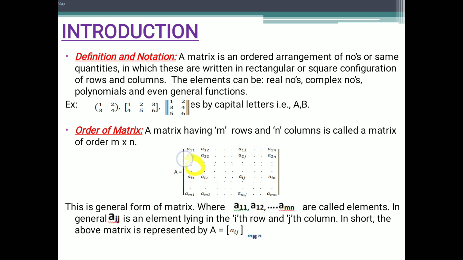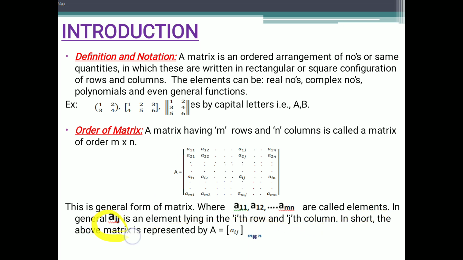Likewise, A21 denotes the element of the second row and first column, and A22 denotes the second row and second column element. So the general form of a matrix is given above, where A11, A12, up to Amn are all elements.